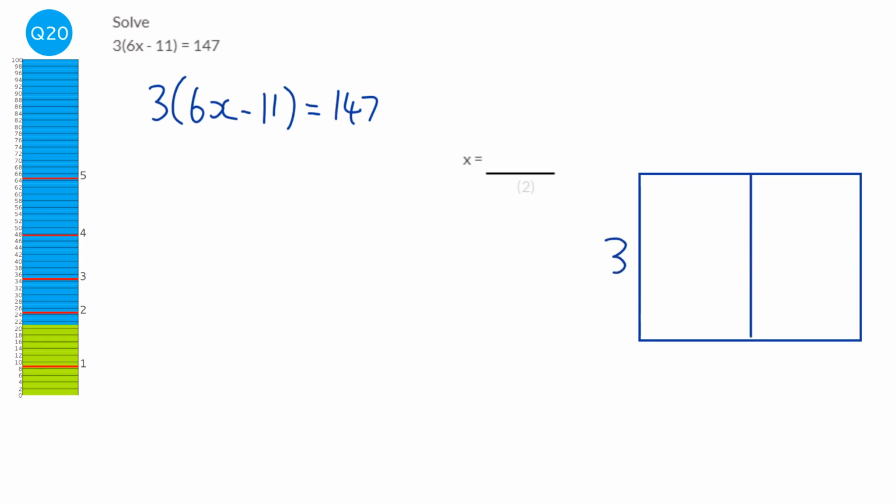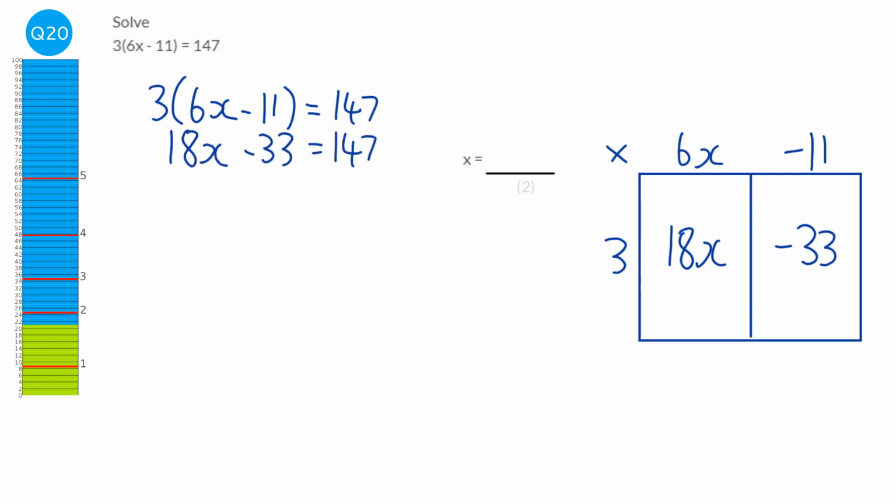So we've got a 3 there, 6x and minus 11, and we're timesing them. We're just going to multiply out the brackets. And if you've got a different technique to do this, that's absolutely fine, use that. 3 times 6x is 18x. 3 times minus 11 is minus 33. So we're just going to rewrite this as 18x minus 33.